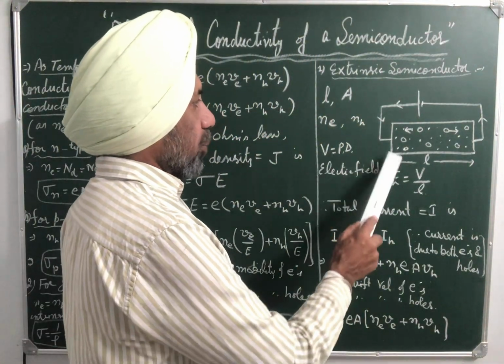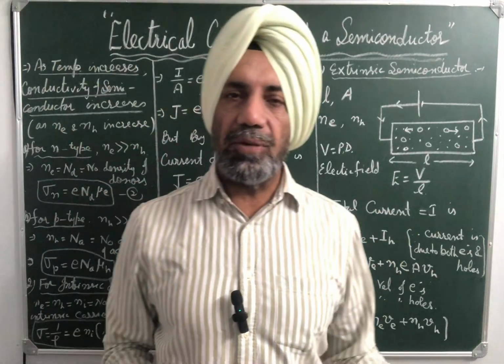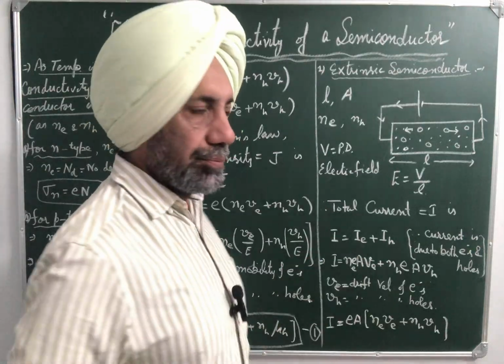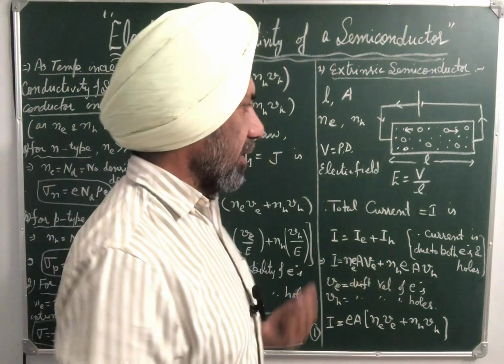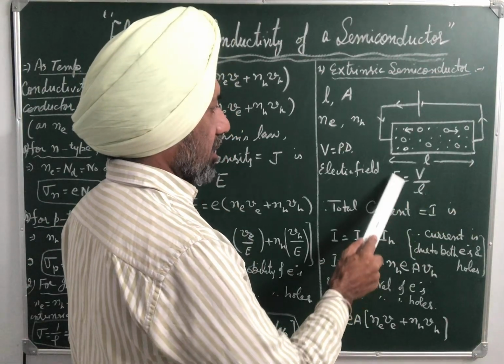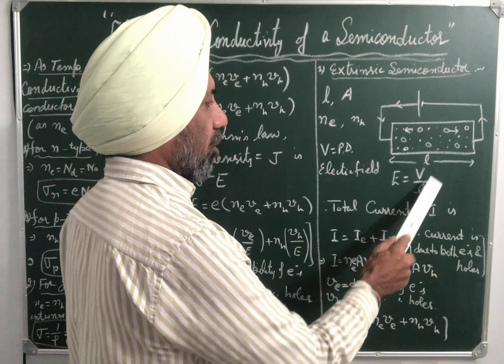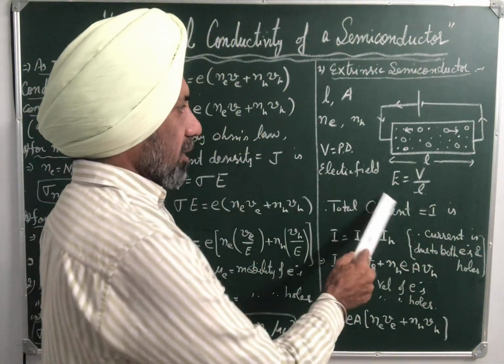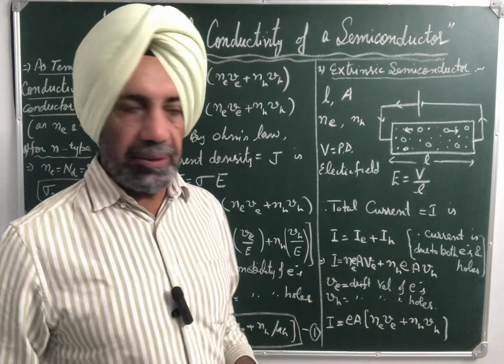Then let V be the potential difference across the ends of the semiconductor. The electric field due to this potential difference is given by E = V/L, because electric field is potential difference per unit length.